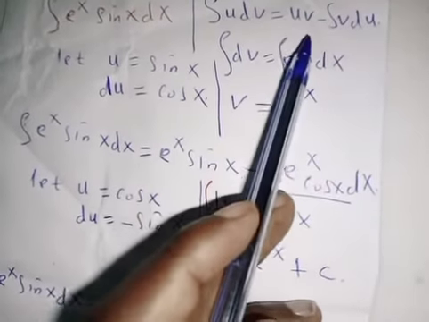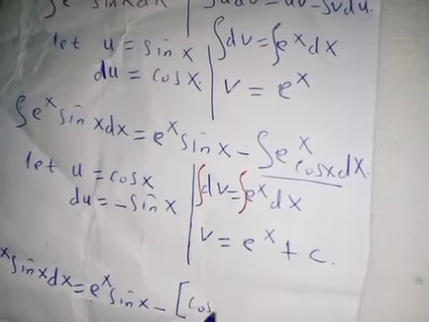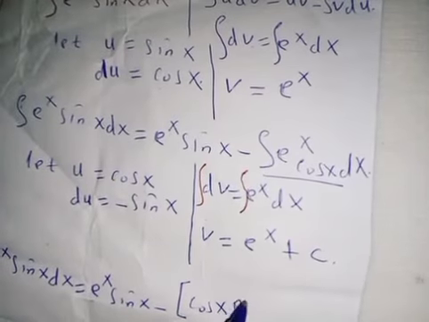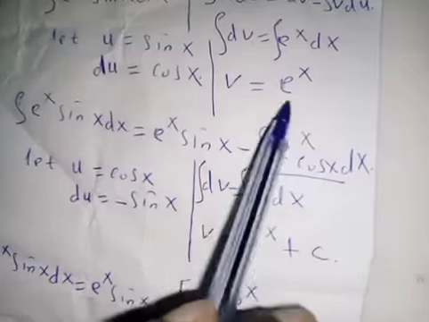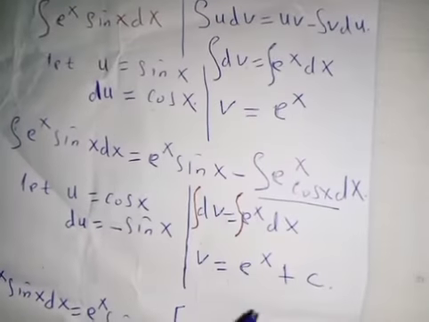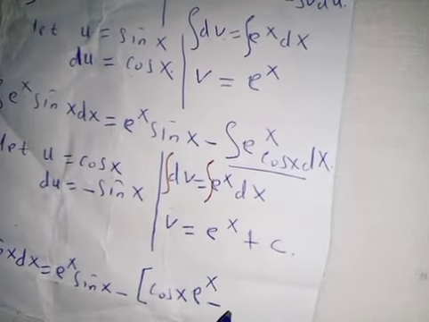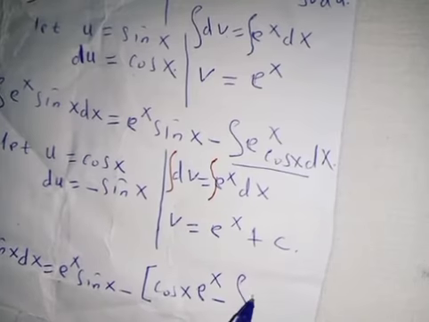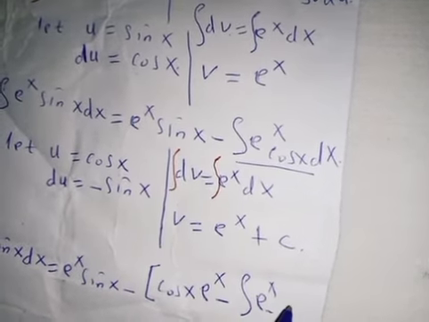Our u in this case is cos x. Our v is exponential x plus some constant, minus, our v is exponential x, our du is negative sine x, minus integral of exponential x multiplying by sine x.